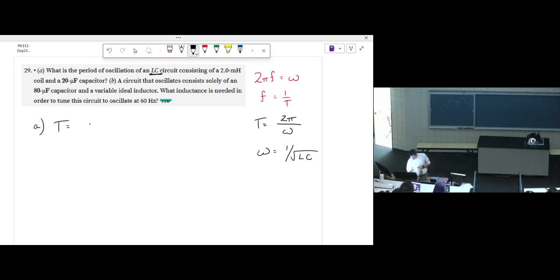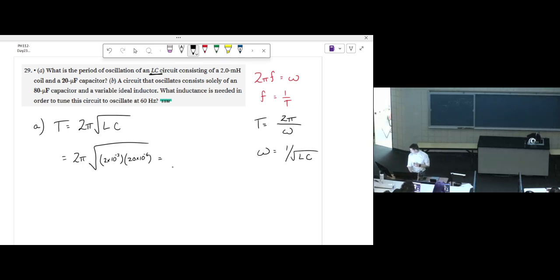So for part A, the period T is equal to 2 pi times the square root of LC. Or that's equal to 2 pi times the square root of 2 times 10 to the minus 3 henry times C, the capacitor, 20 times 10 to the minus 6 farad.